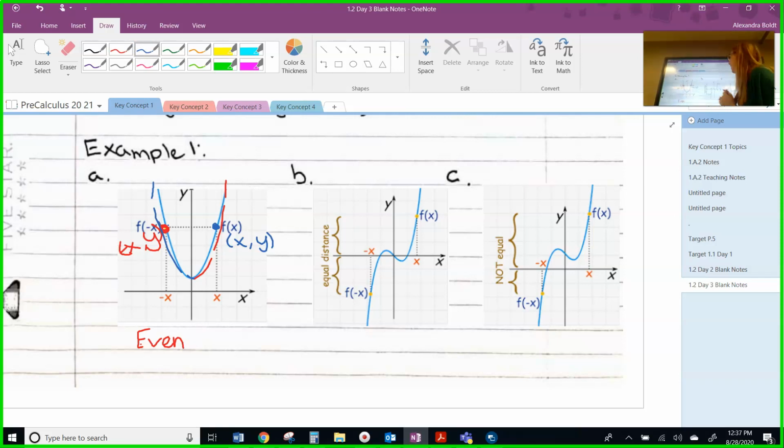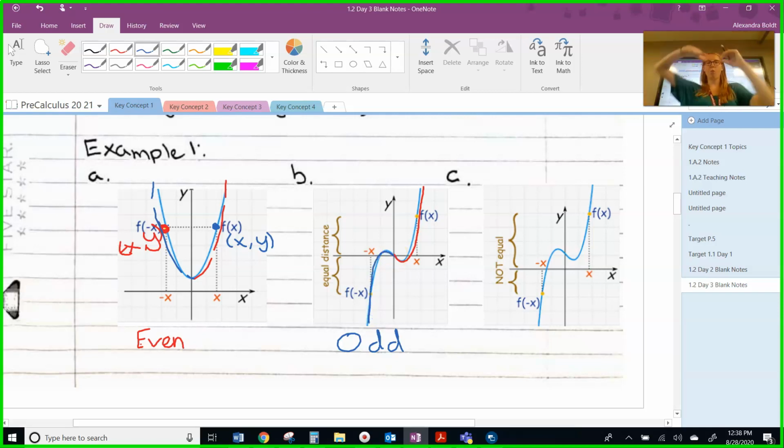The next one is an odd function. What that symmetry around the origin means is if you start at 0 and you take this piece and flip it over, then it's equal to that piece. So you can see how those 2 pieces are the same. One's just flipped to the other side.